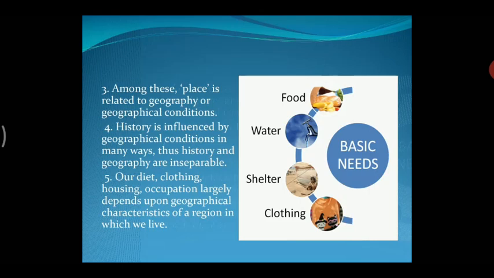For example, if there are Koli people who stay near your house, in your society, what will be their main occupation? Fishing. They will go fishing. So that is their main occupation. It depends upon different places. In some places people even plant vegetables, so they grow vegetables as their occupation.